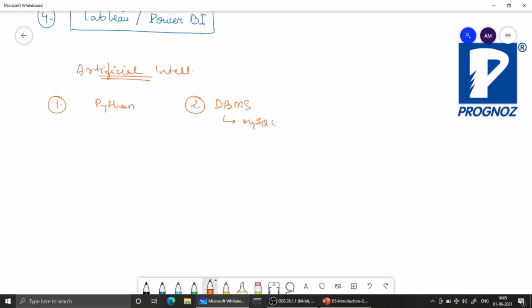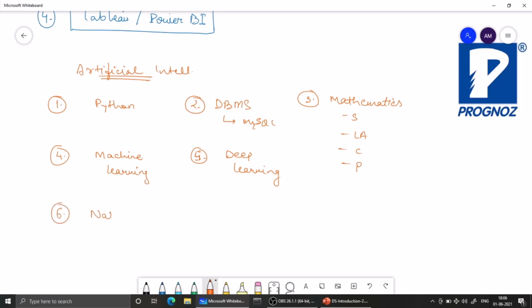You should be good at all the aspects of mathematics I mentioned earlier, so I'm writing down mathematics here. You should be good at stats, linear algebra, calculus, and probability, all four of them. Apart from that, you should be good at machine learning. Not just that, you should have a sound idea of deep learning as well. And the list is not ending anytime soon. You should be aware of natural language processing.